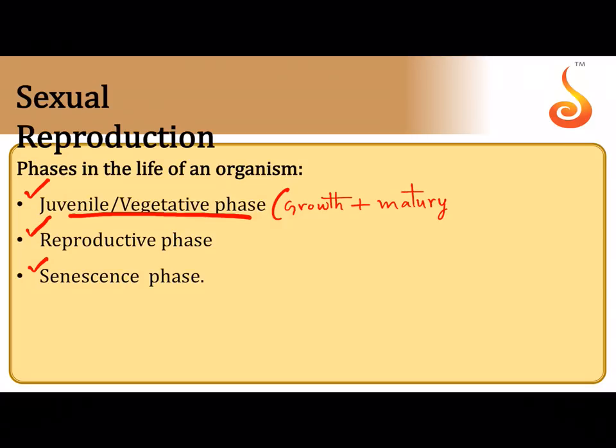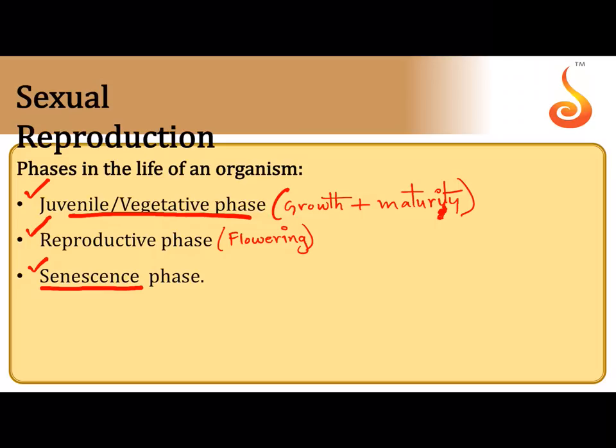And then finally the plant starts flowering. Now the flowering phase is a reproductive phase, because it is now ready to undergo sexual reproduction. And then ultimately any organism, be it a plant or an animal, it has to go through old age, and this is called senescent phase that terminates in death.